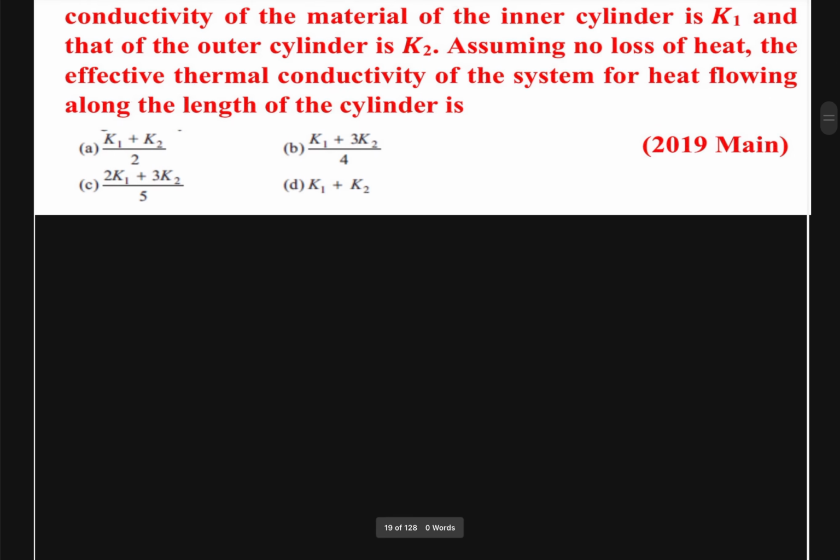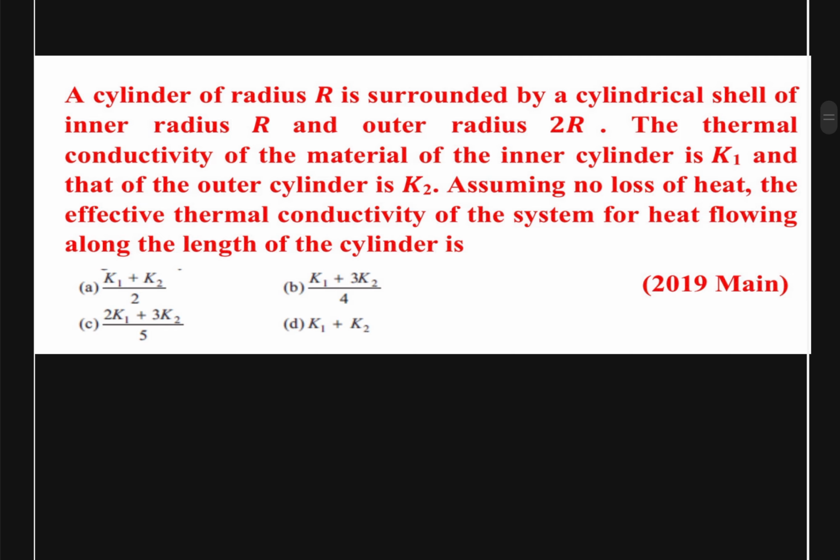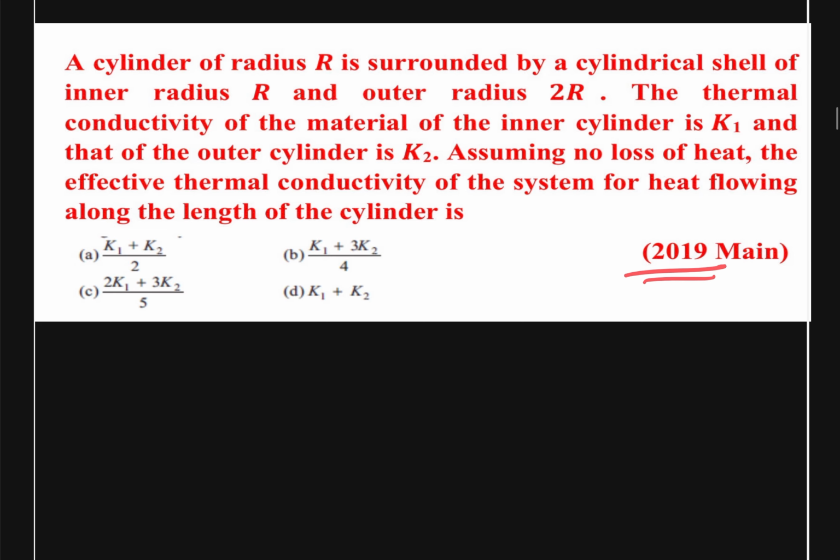Next question. It was asked in 2019 mains, and it states that a cylinder of radius R is surrounded by a cylindrical shell of inner radius R and outer radius 2R.